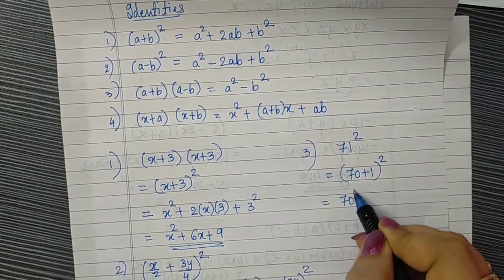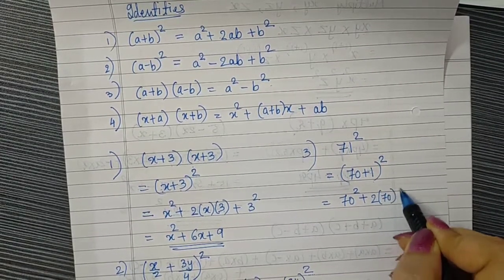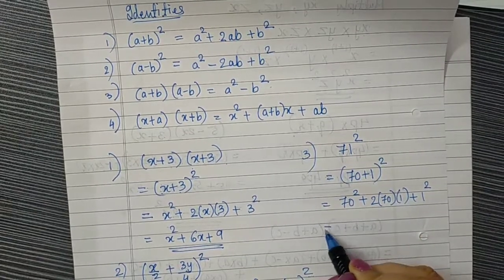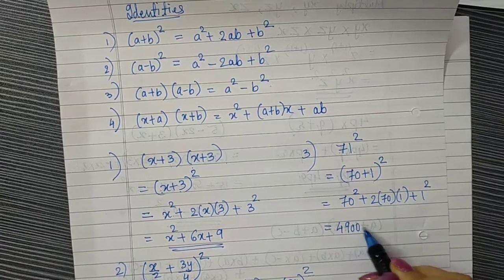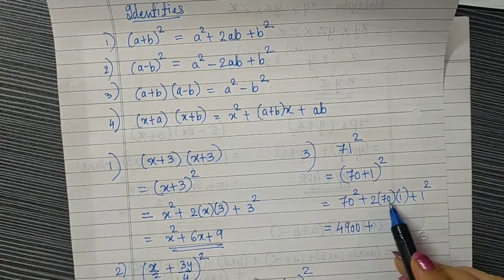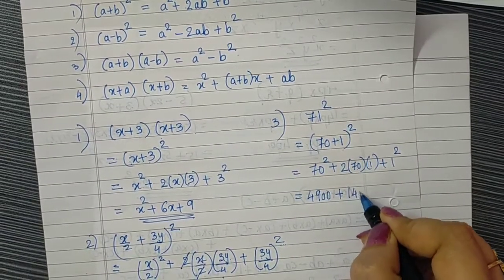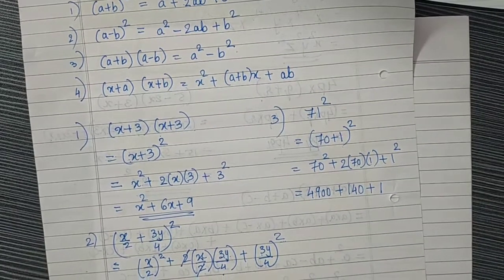So that will be 70 square plus 2 into 70 into 1 plus 1 square. 70 square, it is 4900, plus 2 into 70 into 1, so that is 140, plus 1 square is 1.